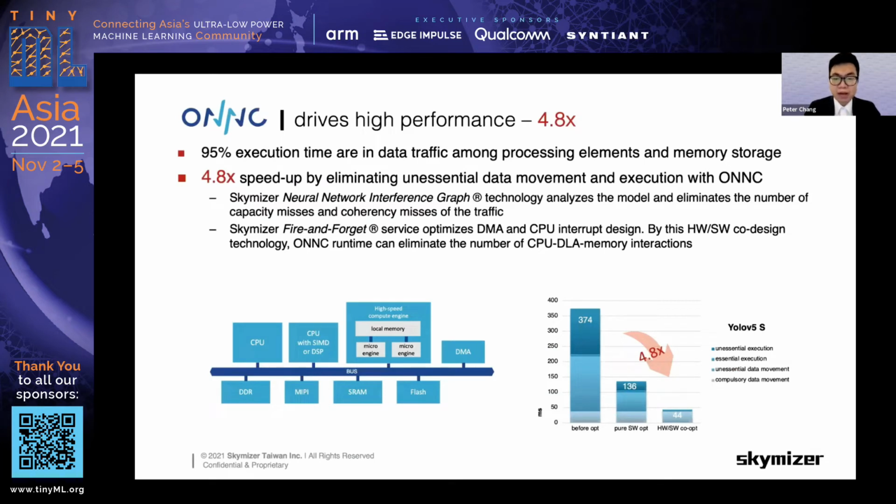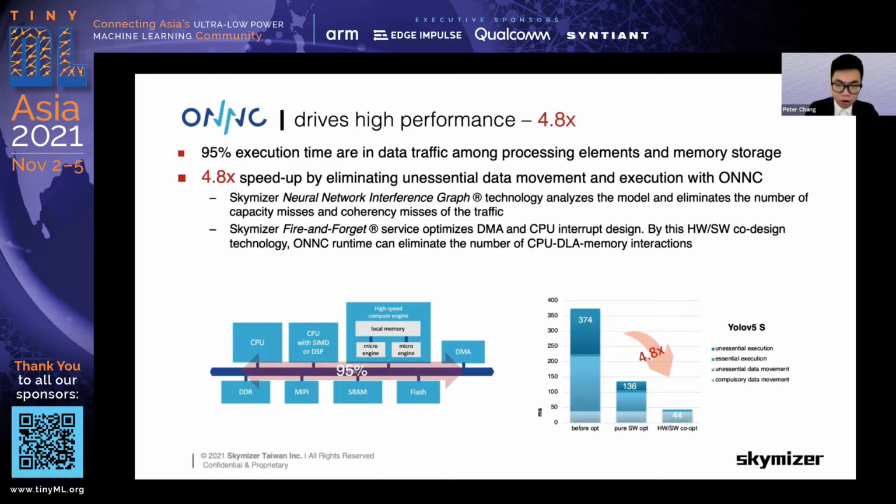How could we optimize this solution without performance sacrifice? Because we have deep understanding of SoC behavior. According to our observation, nearly 95% of the execution time when executing an AI model is in data traffic among processing elements and memory storage.